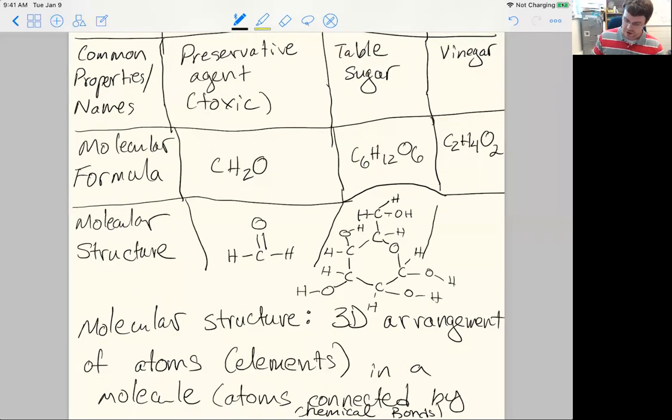Okay, that structure is very complicated and big. Acetic acid is a little bit smaller. We only have 2 carbon atoms to worry about, and as a result, we've got a much simpler structure to deal with. So what we see in the case of formaldehyde, which was shown here, is a small structure.